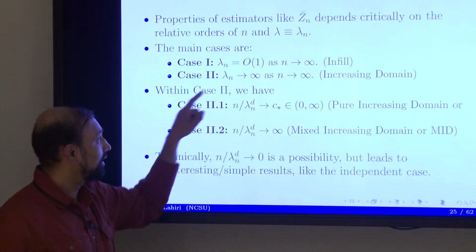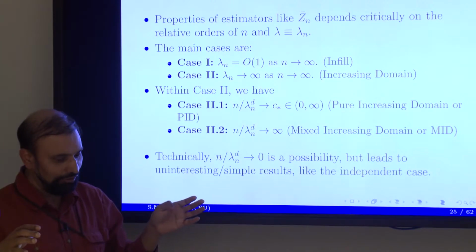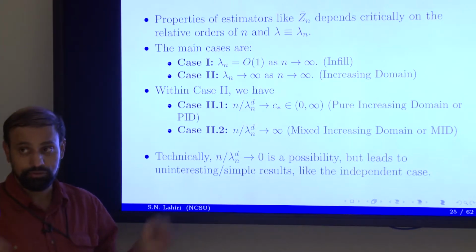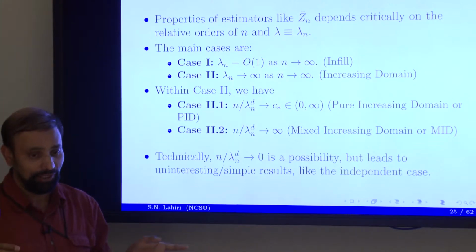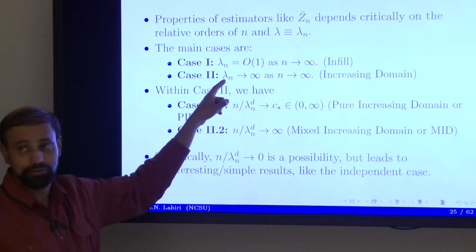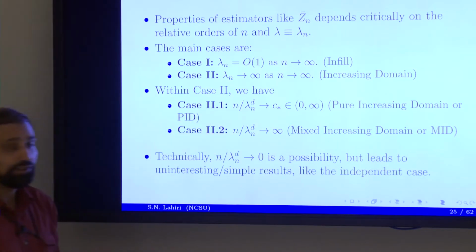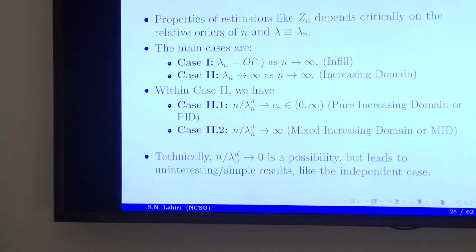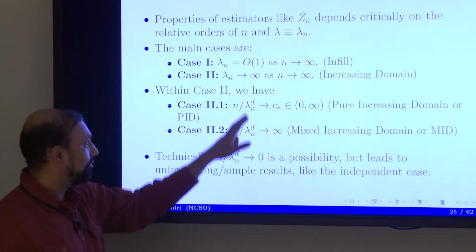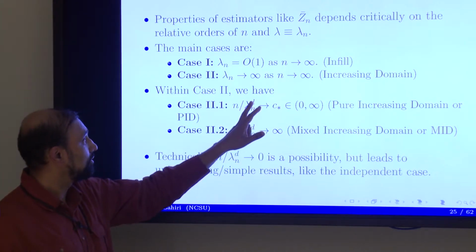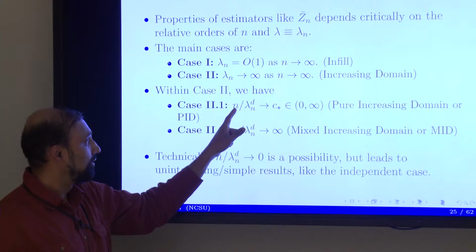And case 2 is saying that I would allow the length of the interval to increase. So if you are taking observations over time, and as time goes by, you collect more and more observations. But again, the relative sizes of these two would be important. D is carried over from the special case. So D is 1 for us.